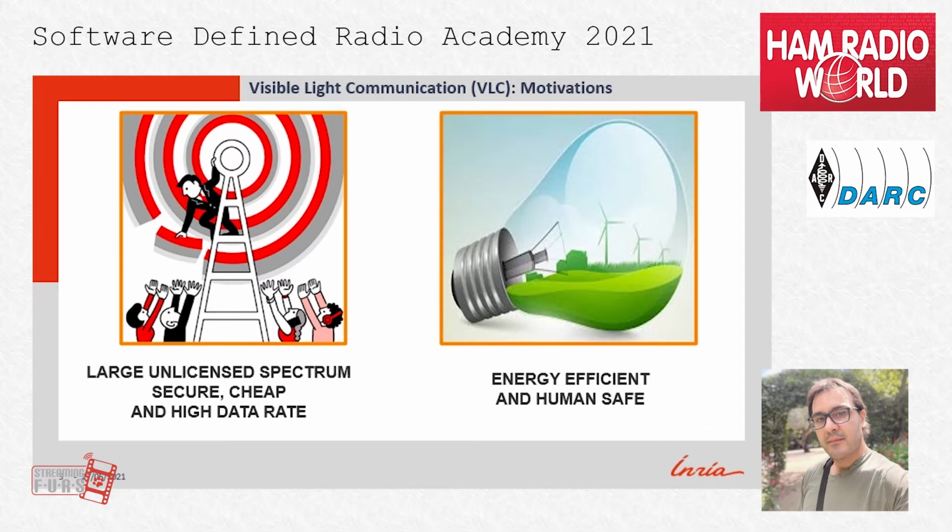But what are the main motivations for using VLC? Visible light communication has raised the interest of the scientific community, especially in the last 10 years. The main motivation is the spectrum scarcity. In fact, the radio frequency spectrum is becoming more and more crowded and more expensive. The use of the huge optical spectrum could allow us to solve this issue, allowing a safe, cheap, and high data rate communication. Another important aspect is energy efficiency.